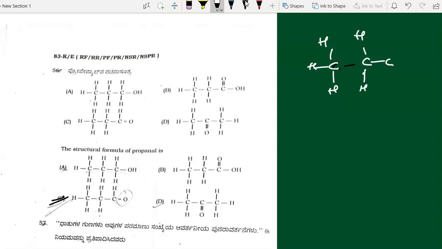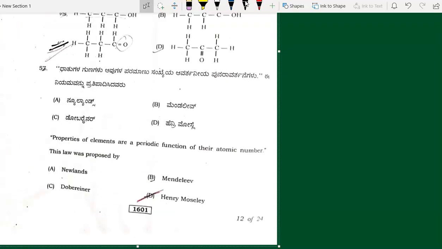Here we should have a double bond with oxygen, because it is 1 propanol. So the answer is this one, 1 propanol.